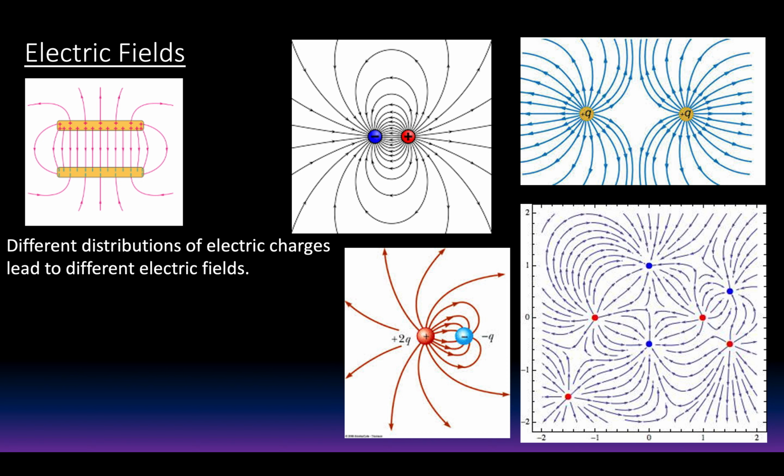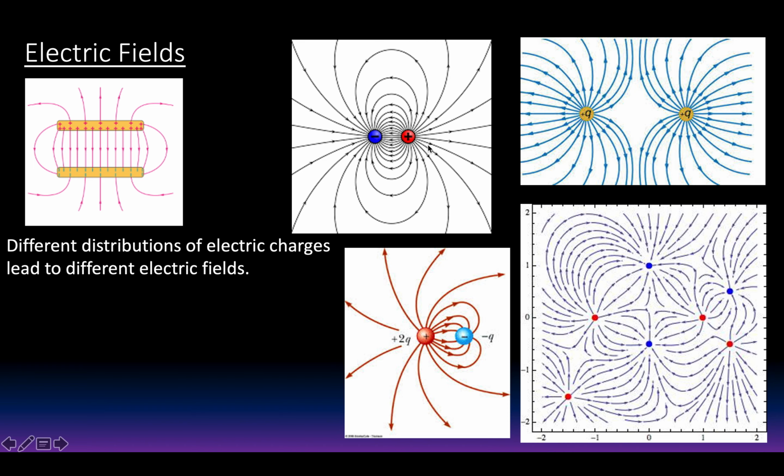For example, if you look at the picture on the left, you see two sheets of charge that are parallel with each other. Between these two sheets of charge, there is a really strong uniform electric field, while away from these two sheets, there is a very weak, practically negligible electric field. Here we have a positive and a negative charge that are very close together.